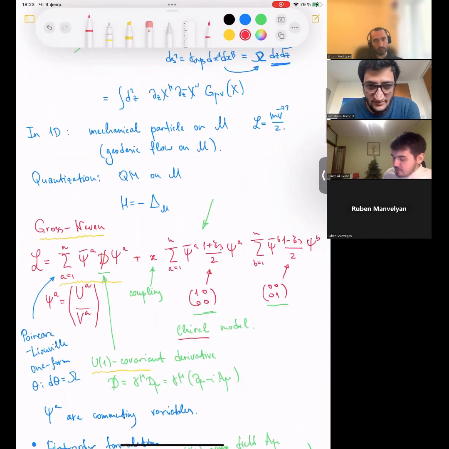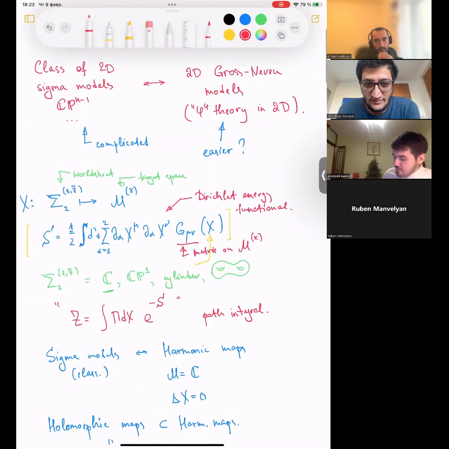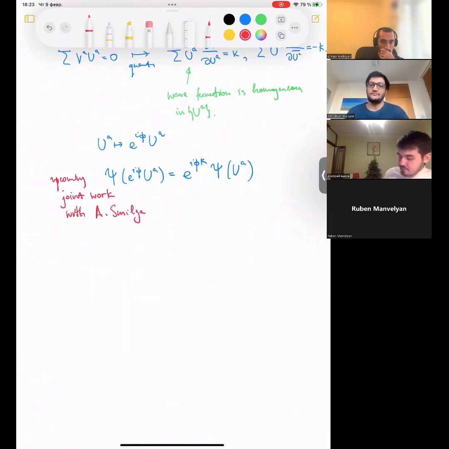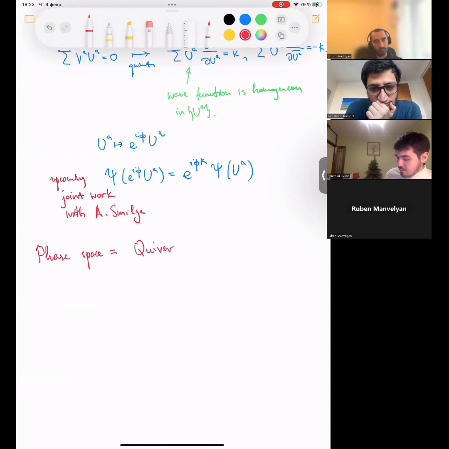So generally the idea is the class of models related to quiver varieties. So the phase space should be a quiver or maybe super quiver variety. Quiver variety means there are some nodes. For example, this is a quiver for a flag manifold.